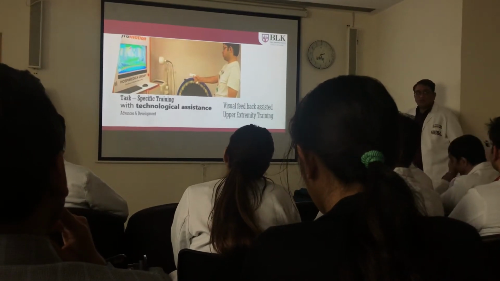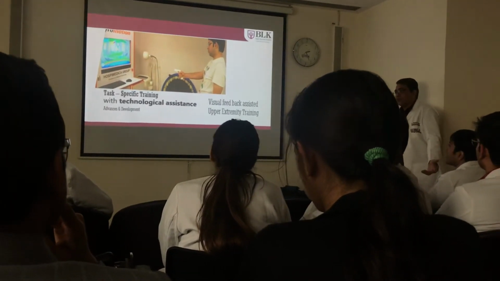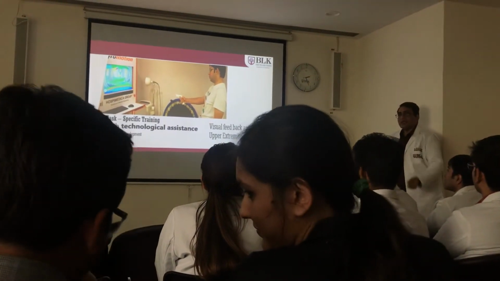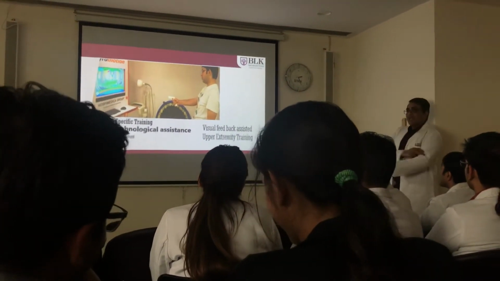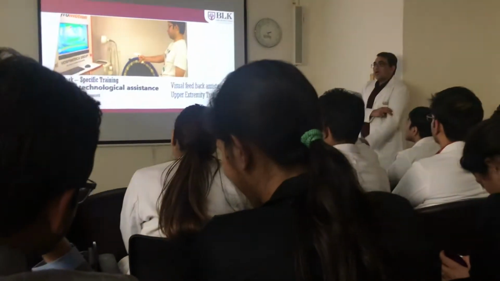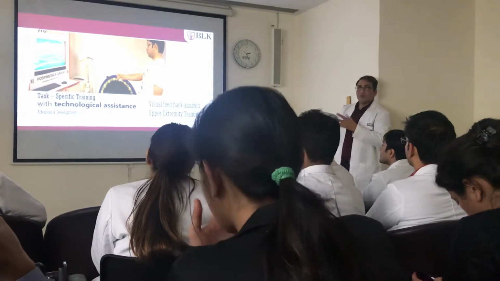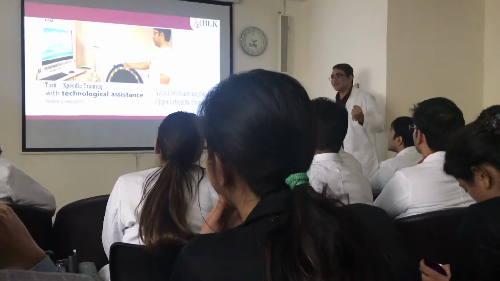Like if I want to build my biceps, what will I do? I will take a 1 kg dumbbell, 2 kg dumbbell and start doing exercises. And once I get that strength, I will increase the load. Right? But here, the brain has no hand or fingers to hold the dumbbell.